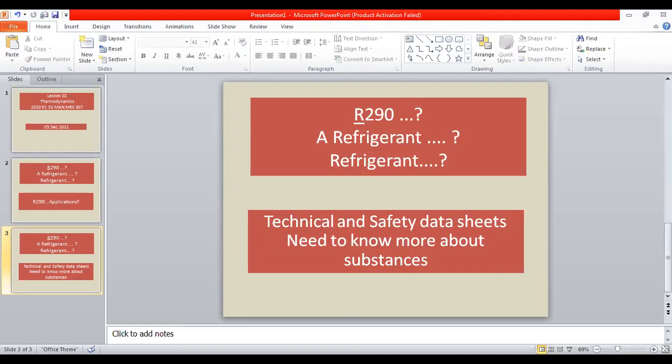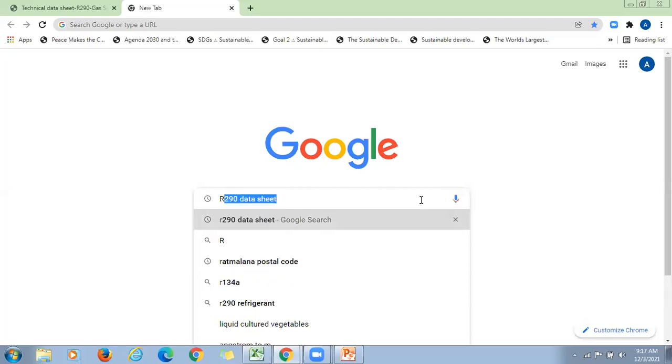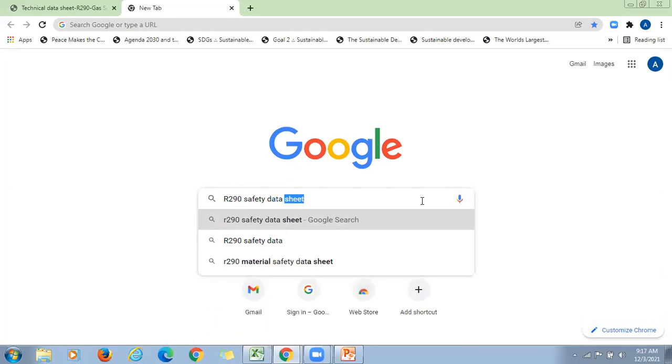For example, if I share my screen, I will type here R290, safety data sheets. You must be looking into this.